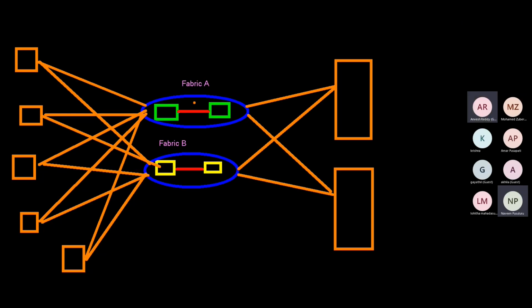Even if you have only 2 switches, you need to configure one SAN network with one switch and another SAN network with the other switch. You must create a 2-fabric network. That is a best practice you need to follow. So that is the reason we configure 2 SAN networks.